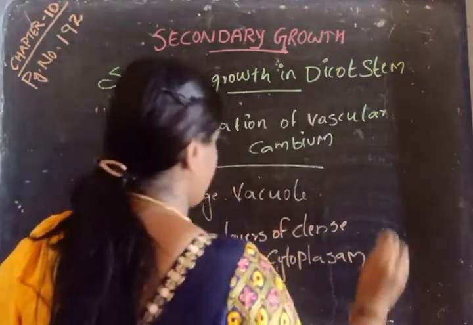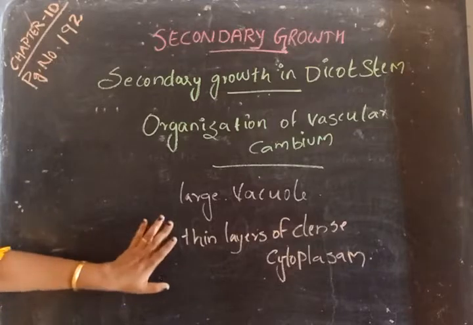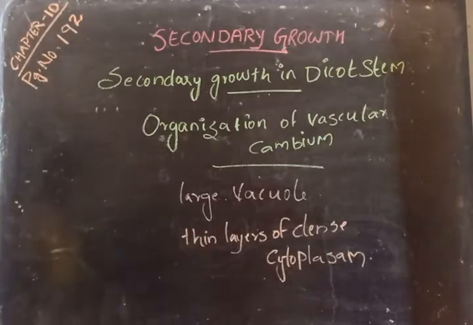Usual meristem cells are isodiametric, with large nuclei and dense cytoplasm. Normal cambium cells cannot fit there, so it requires a large central vacuole surrounded by a thin layer of dense cytoplasm.